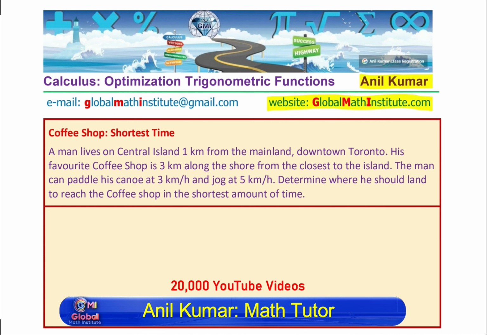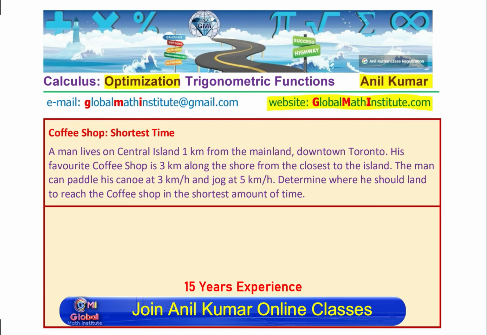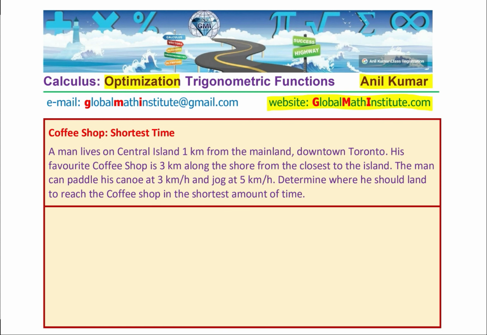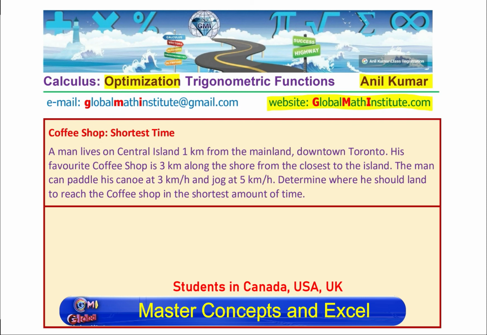In this video on optimization, here is another very interesting problem. We'll need to find the shortest time to travel across a river and then run or jog on the land. The question here is, a man lives on Central Island, 1 kilometer from the mainland, downtown Toronto.